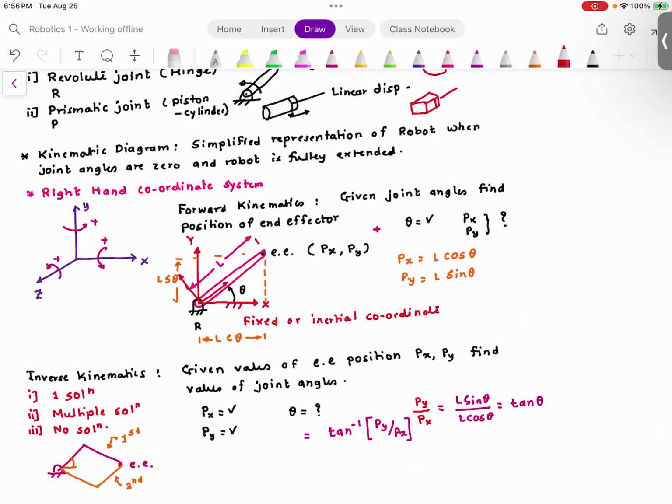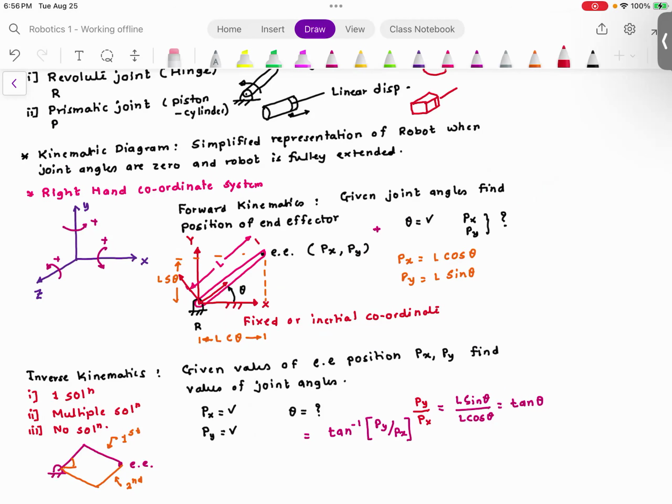What is the end effector? The end effector is the end point or the end coordinate system of the robot. So here, this is the end effector, because if I want to attach a pen, or a welding torch, or a paintbrush, whatever I want to do, I attach it to the last final coordinate system.